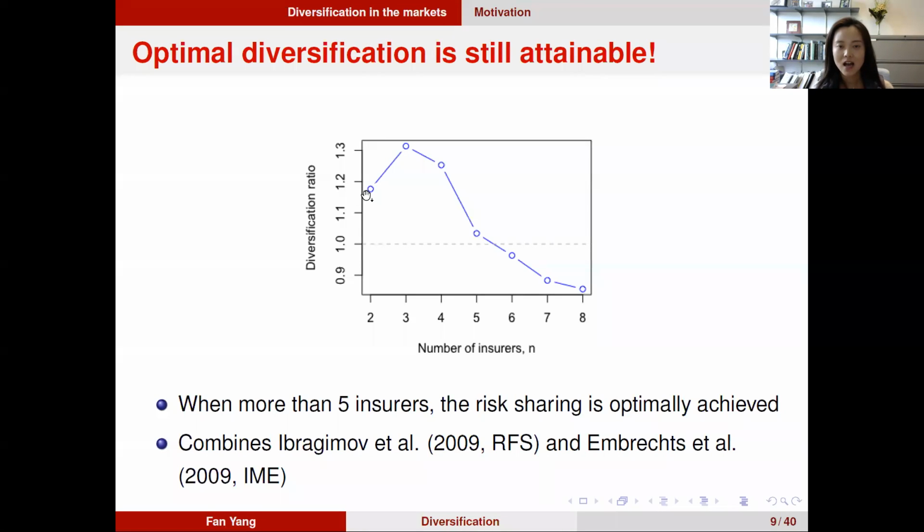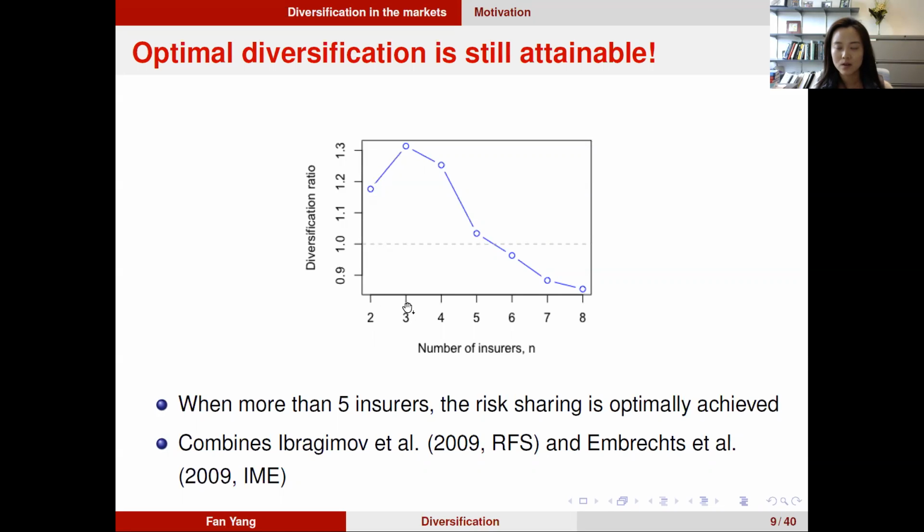Recall that when DR is bigger, diversification is worse. When DR is less than 1, it's optimal. When DR is bigger than 1, it's suboptimal.